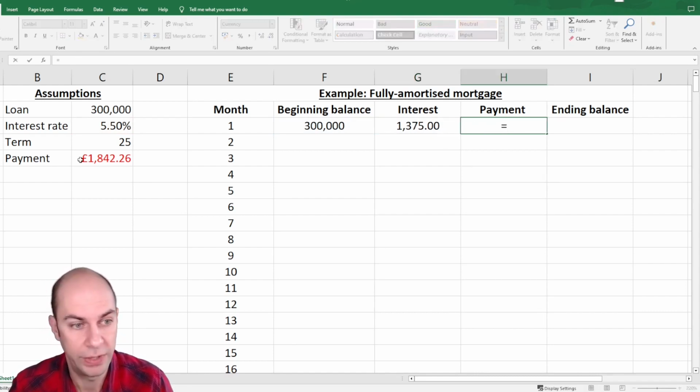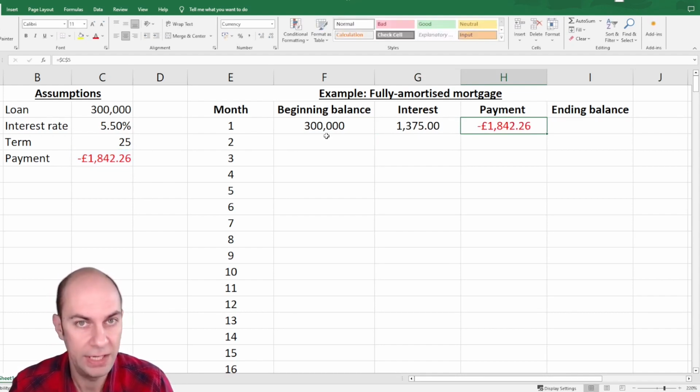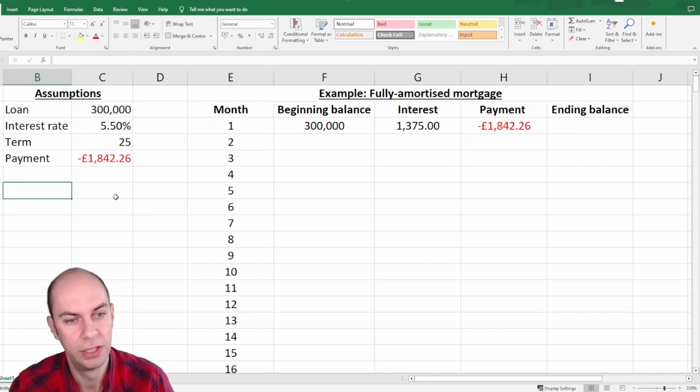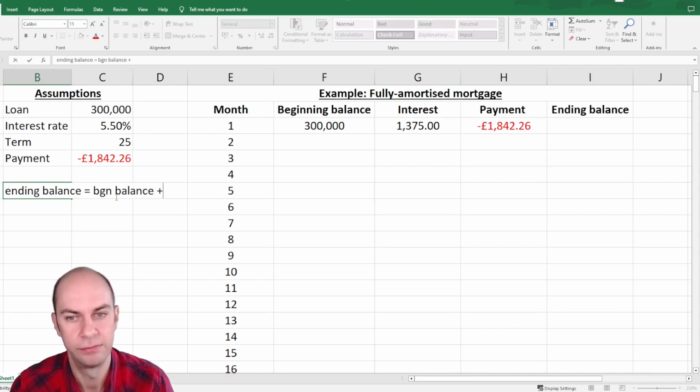For the payment, we can simply point to the payment we've calculated already. And now the logic here, if you just think about the logic, is the ending balance, right? The ending balance should be the beginning balance plus interest minus payment.